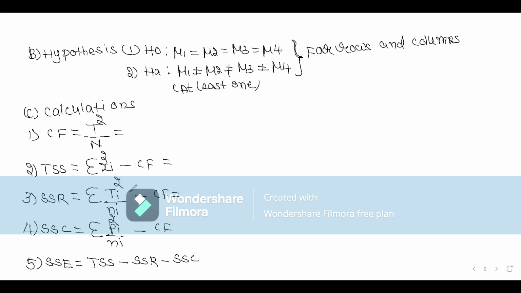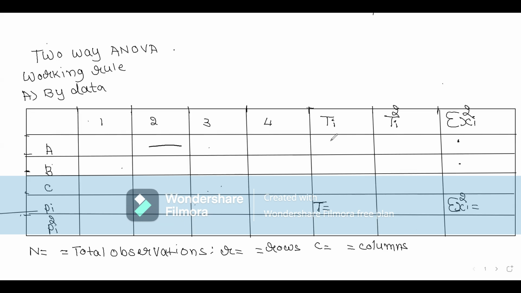And SSR, summation of Ti square upon Ni. Look here. Ti square, this value, divided by Ni. Ni means 1, 2, 3, 4. 4 values. This Ti square is a sum of 4 values.